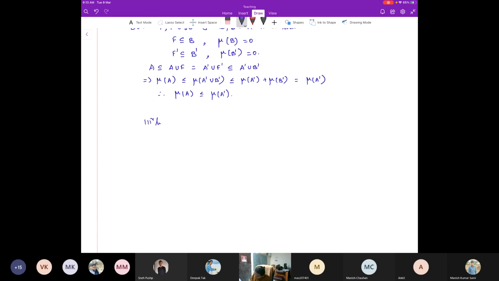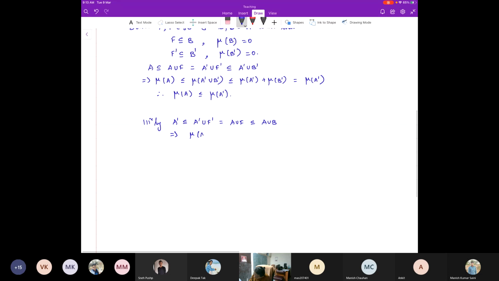Similarly, A dash is contained in A dash union F dash, which is the same as A union F, which is contained in A union B, which will imply, so I am just writing it directly, that mu of A dash is less than or equal to mu of A. I am just putting it as Y. Just follow the same reasoning, whatever we had above.